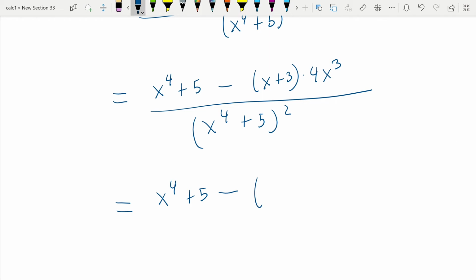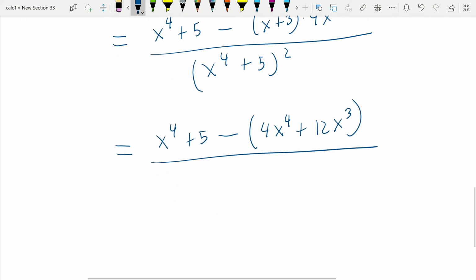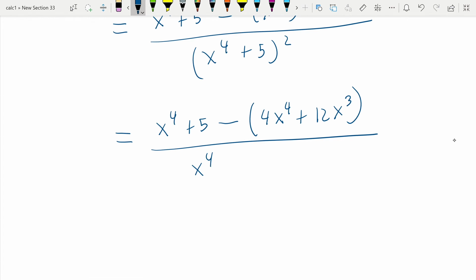I bring this inside first, and then open up the parenthesis. 4x cubed times x gives us 4x^4, and now I distribute everything, so I get this times 3: 3 times 4 is 12x cubed, all divided by (x^4 + 5) squared.